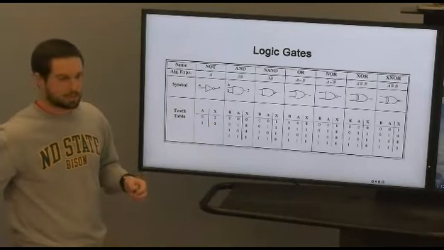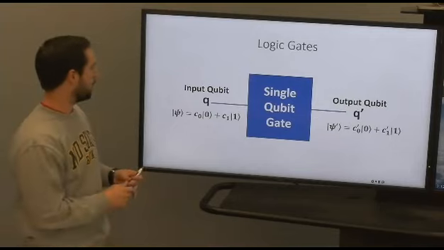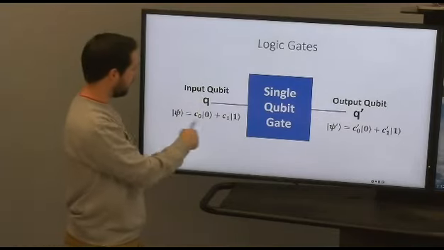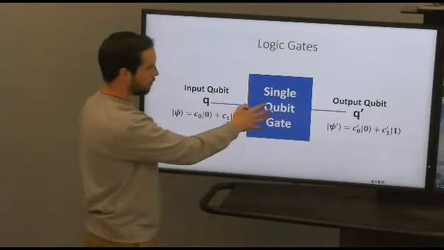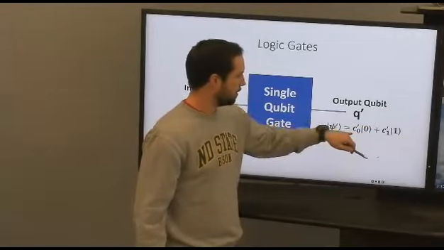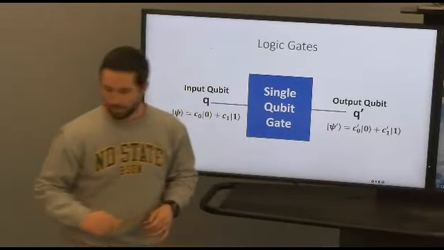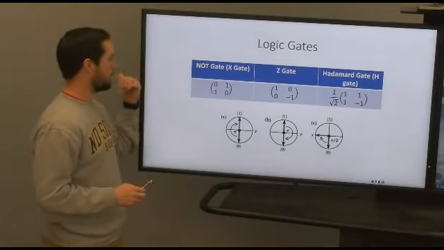So we're going to try to look at these from a computation or quantum gates perspective. In the same way, we want to have an input qubit with a wave function here with the different coefficients, and that goes through our single qubit gate, and comes out with a different wave function. Here I showed the NOT gate.